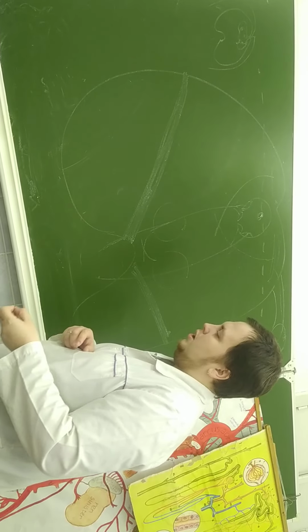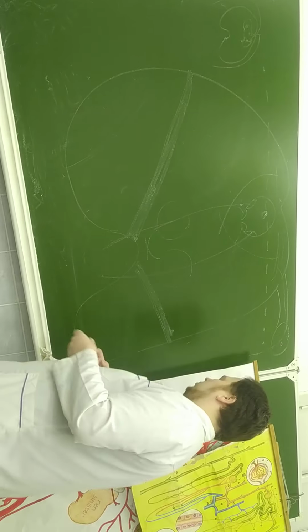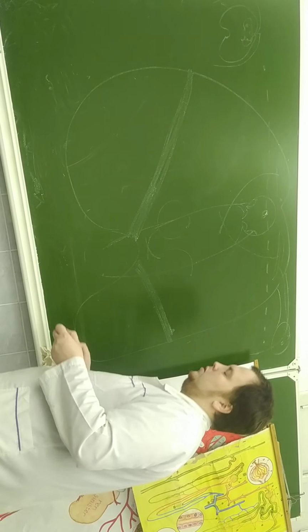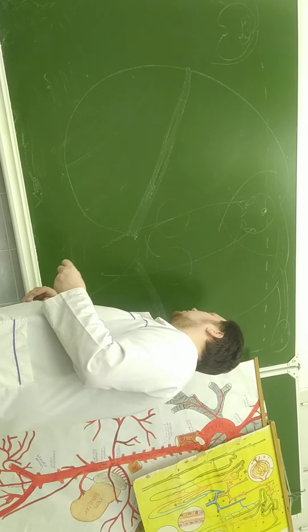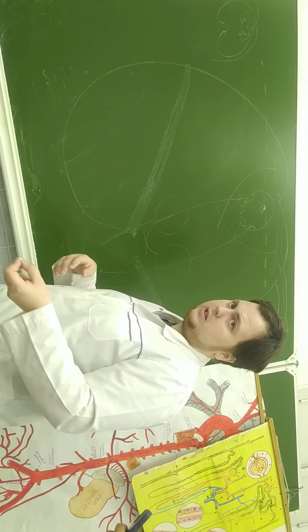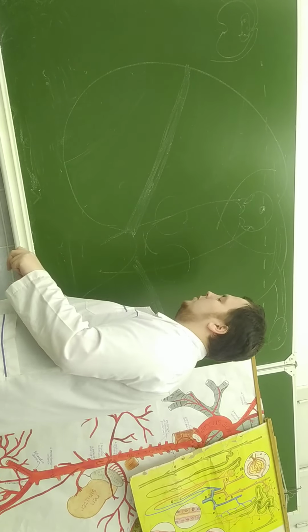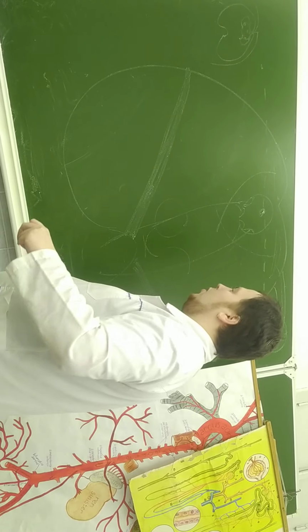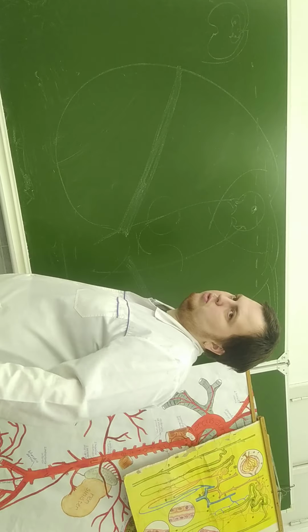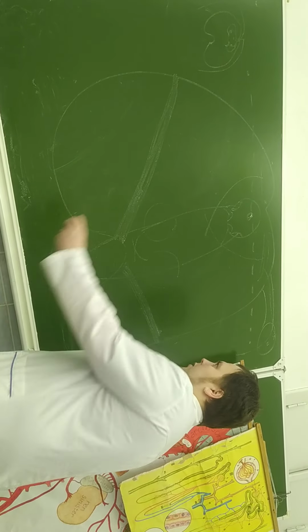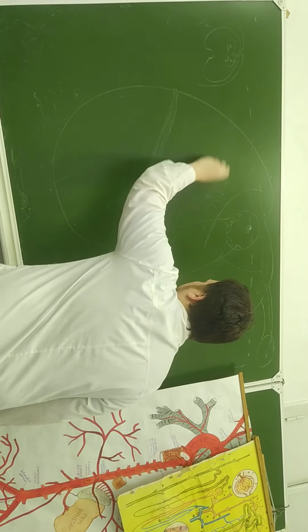These nuclei also are part of the extrapyramidal system. They have the reticulospinal tract starting from them and going to the anterior horn of the spinal cord, also responsible for balance and muscle tone, posturing.